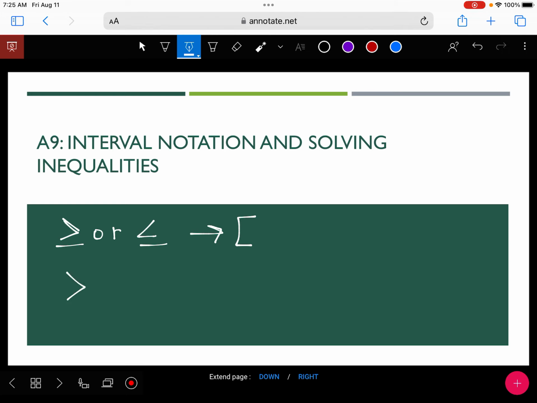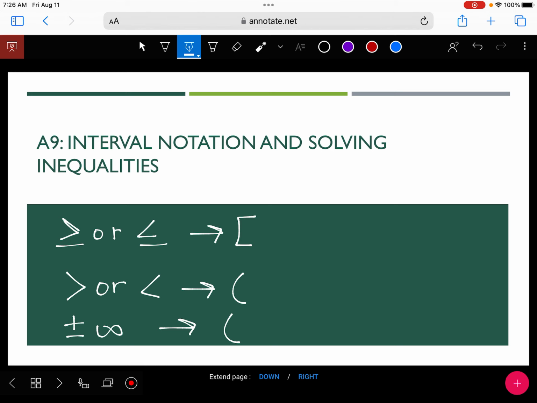If it's not equal, if it's greater than or less than, we use a parenthesis. And infinity always gets a parenthesis. So if it's positive or negative infinity, that always gets a parenthesis.